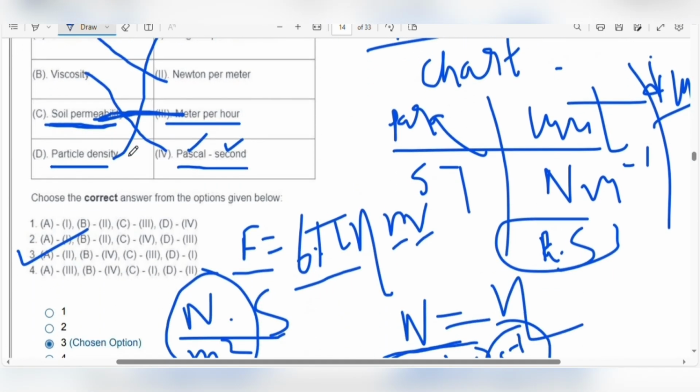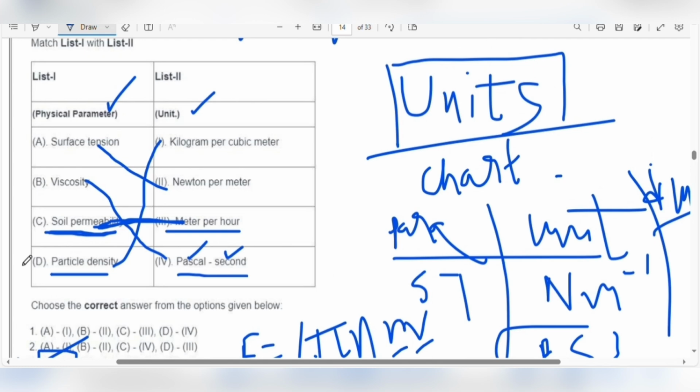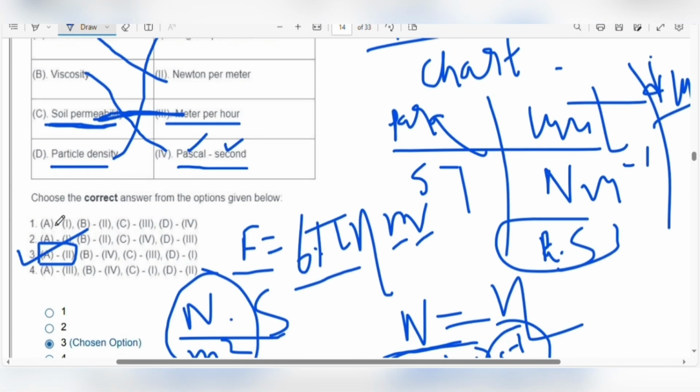You could have got it in the first instance only if you knew that surface tension is Newton per meter. Here there is only one such option, but I would suggest you check all the options thoroughly, because you might not get the correct answer in the first instance and your luck might not be so good. They might give all 4 options with A2, so you have to read about all the parameters.